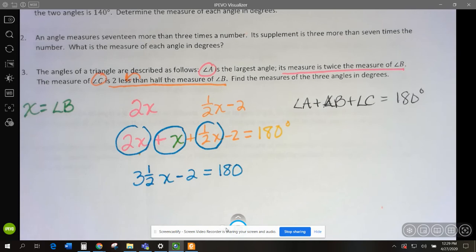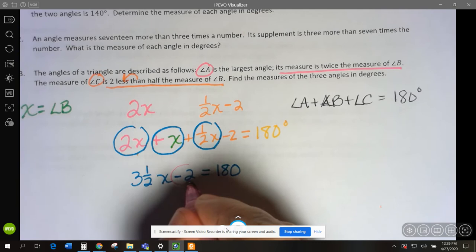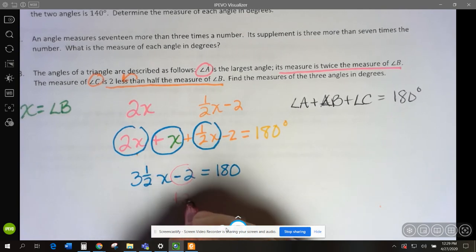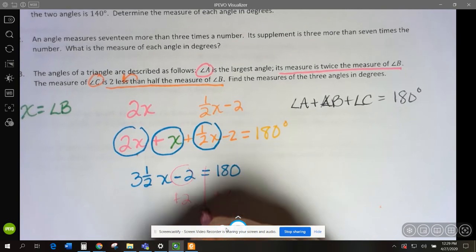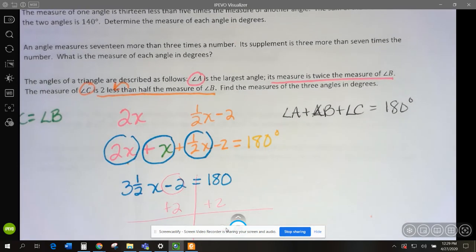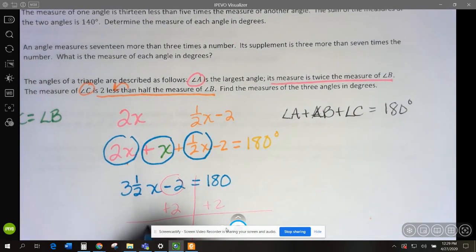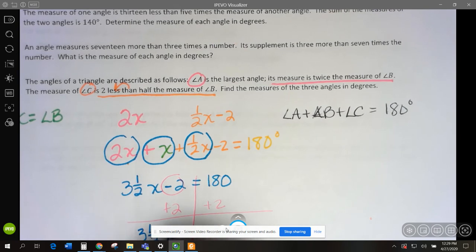Well, we have the subtracting 2, right? So let's add 2 to both sides. And we get, I'm sorry, 3 and 1/2 x equals 182.